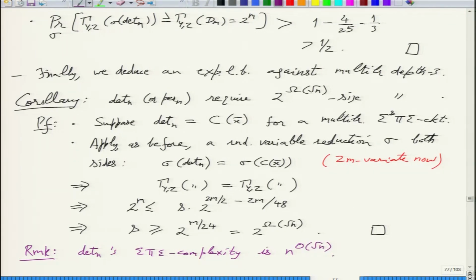Over good fields, assuming the characteristic is large or 0, we know that there is a sigma pi sigma representation, but it's not multilinear. So that is open.